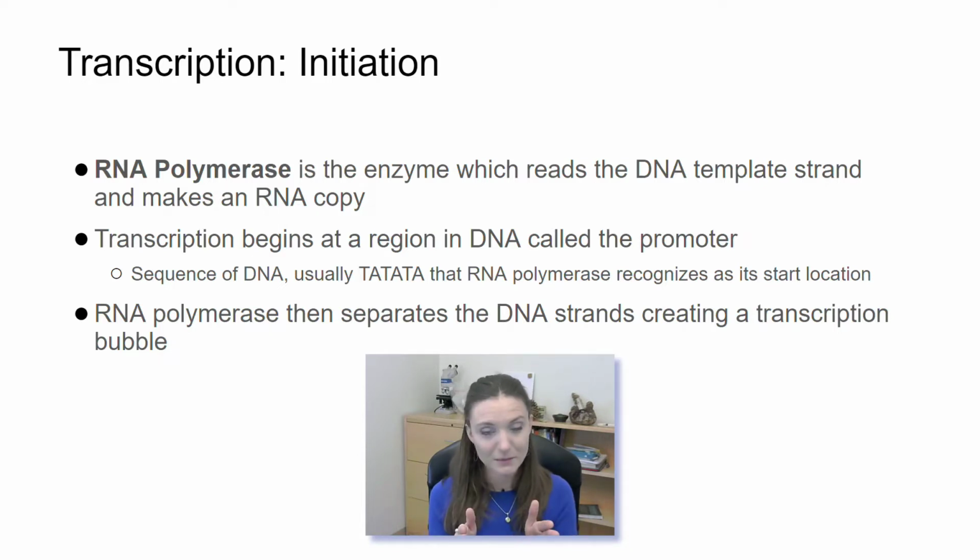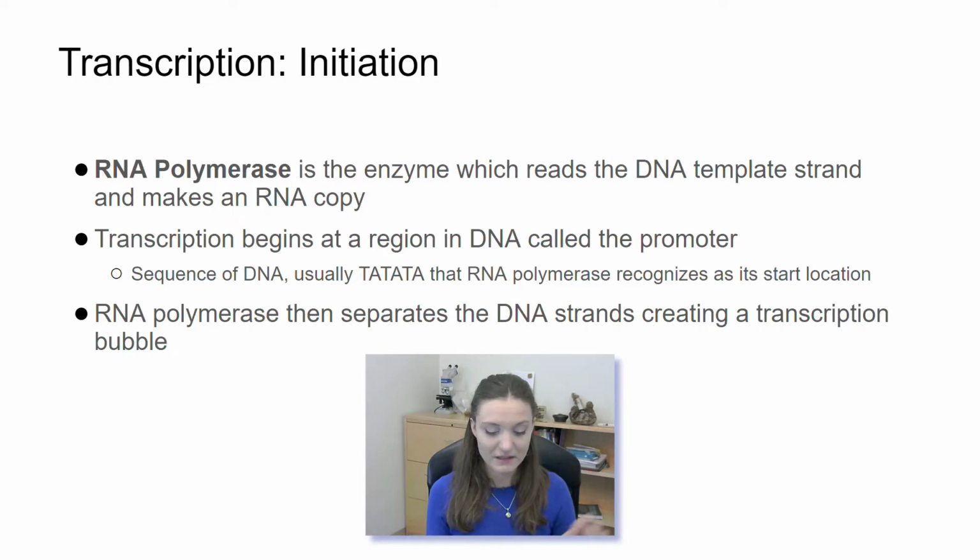Okay, so polymer, remember, long strand of monomers. The -ase tells us it's an enzyme, and RNA tells us what type of polymer it is building. So RNA polymerase is the enzyme that will read the original gene on the DNA, and make a copy of that gene in the form of RNA.